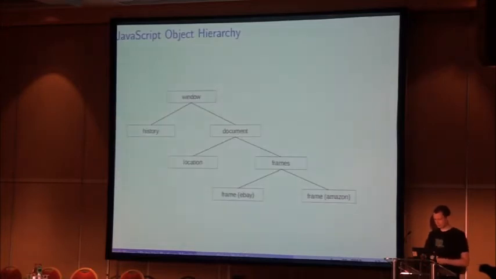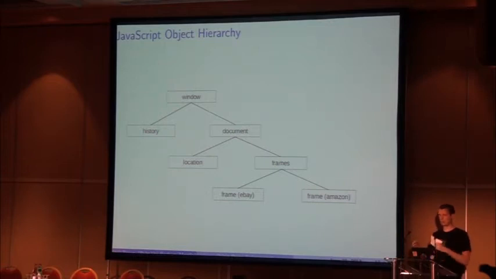Okay, when it comes to JavaScript, we have this kind of object hierarchy. Everything is in the global scope called window, or this for that matter. And it has objects linked as properties to it, like in a neat graph. You have the history, which is not actually accessible, except you can go back and forth with it.